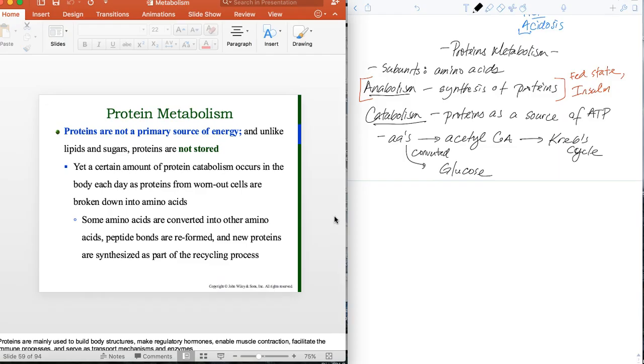What was the name of that process to make glucose from non-carbohydrate precursors? That's called gluconeogenesis. Neo is new, so this is the production of new glucose that didn't exist, and amino acids can be the source of that.